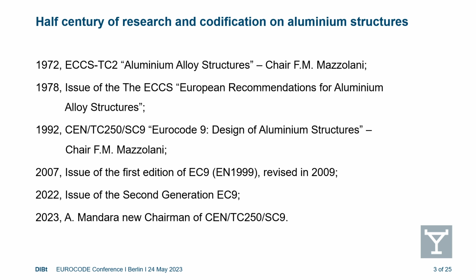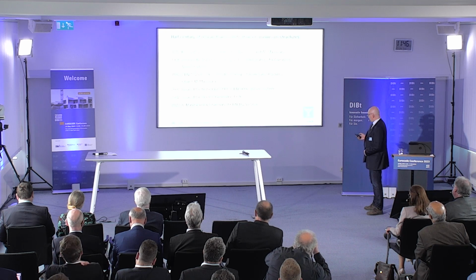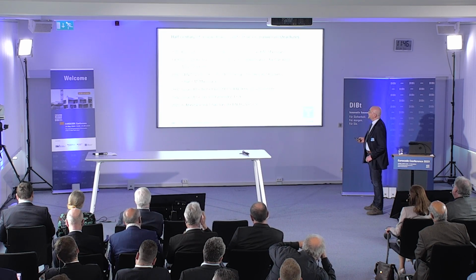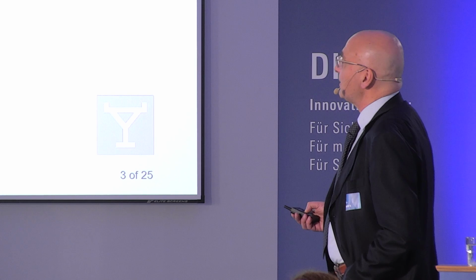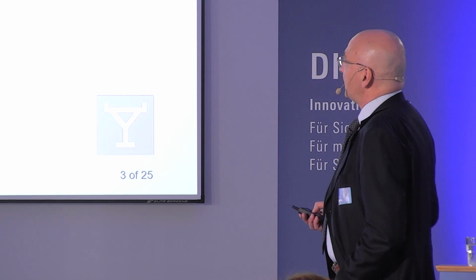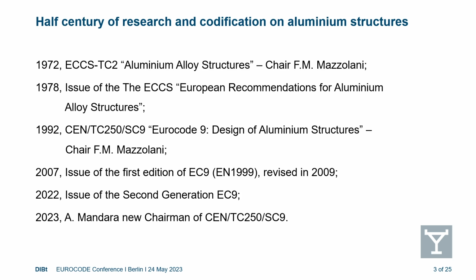So a little bit of history about the aluminium structures. The beginning is at the beginning of the 70s of last century, about 50 years ago. A first achievement was the European recommendation for aluminium alloy structures issued by the ECCS.